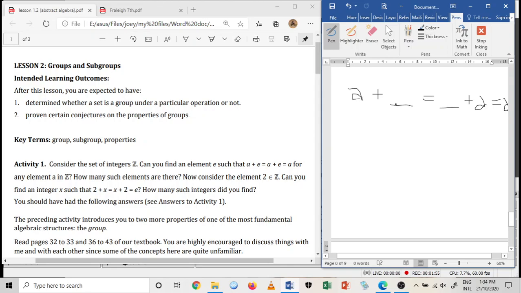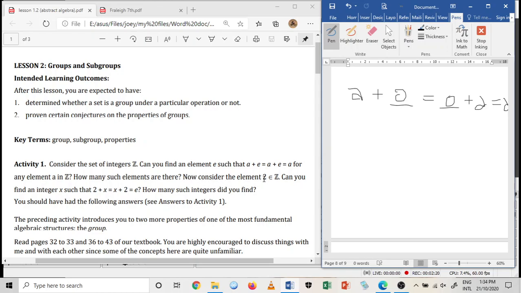Can you guess it? Since the operation here is addition, what do we add to A so that the sum is A? That will just be 0. And there can only be one such integer. How many such elements are there? Only one, only 0.